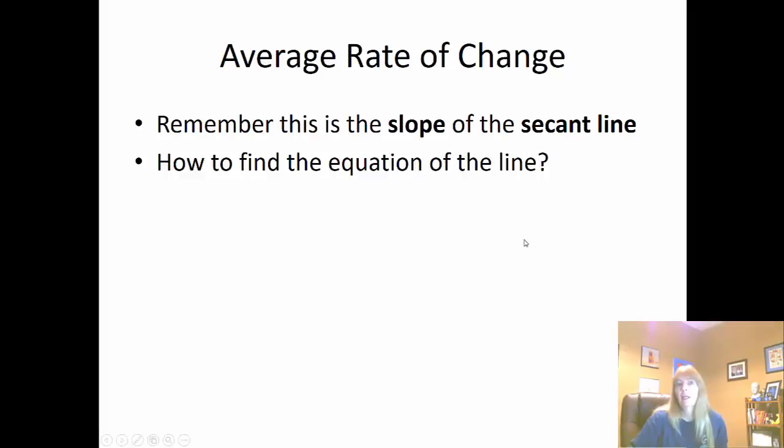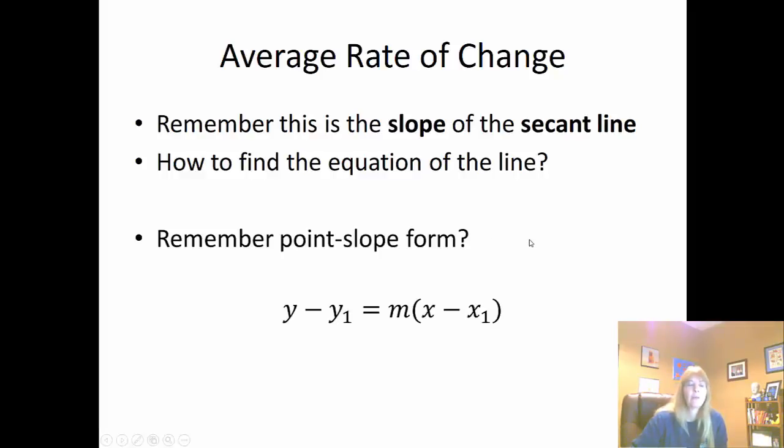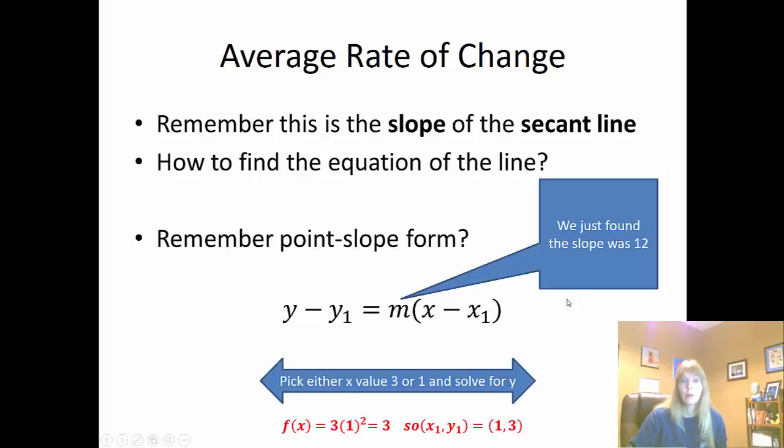How can you find the equation of the secant line? If you have two points, you can find the slope, and then you can plug in your points. What we just found was the slope, that average rate of change, which was 12. Then I could pick either point.